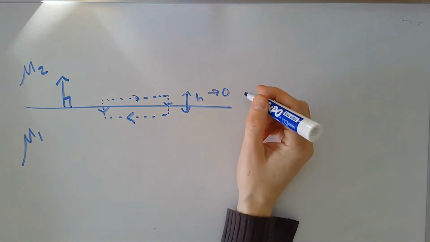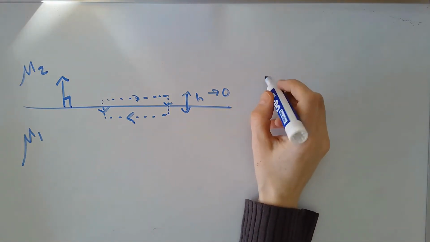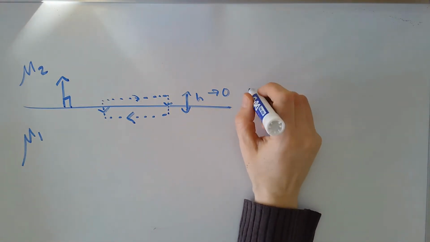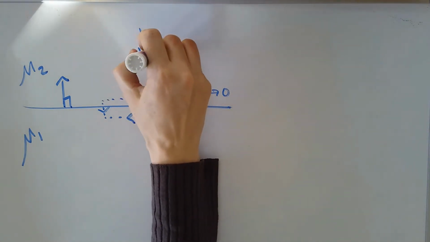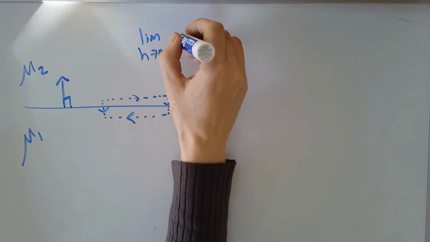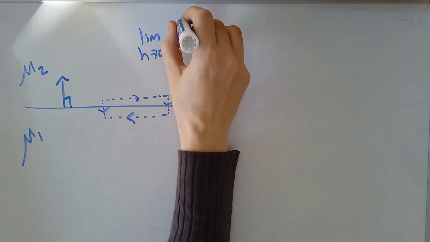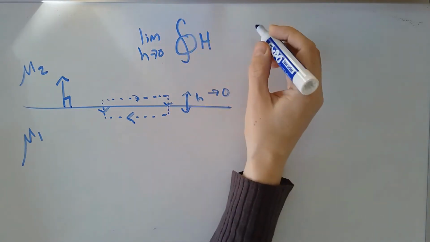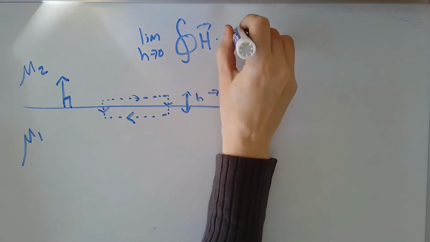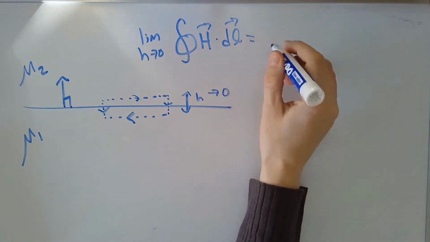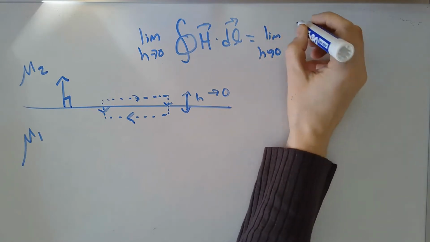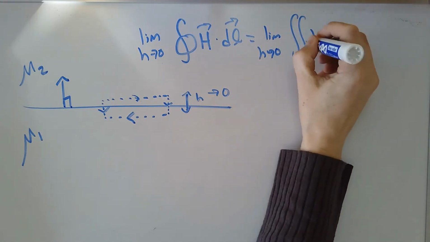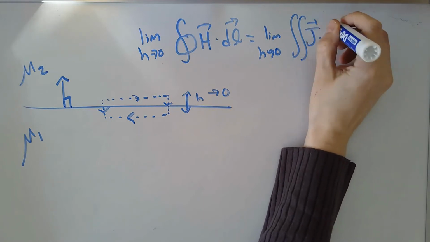So then if we do our Ampere's law application, we are going to be taking the limit as the height goes to 0 of the closed loop integral of H dot dl, which has got to be equal to the limit as the height goes to 0 of the current flowing through the surface.